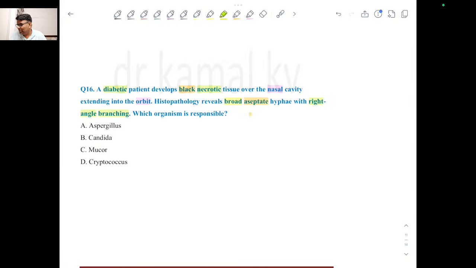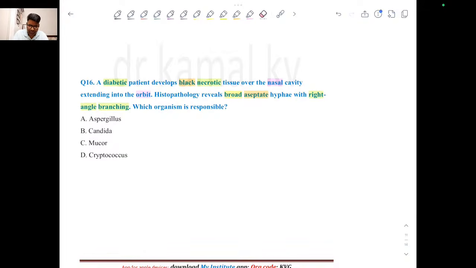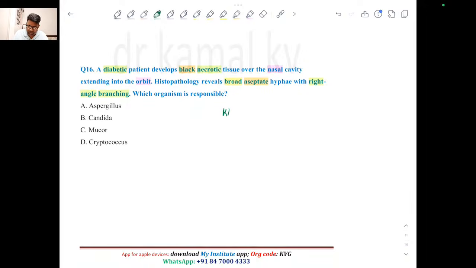Saloni, very good. Deepak, very good. So, now in this question, there are actually two parts. So, even if you are good with one part, you can reach up to the answer. So, the patient is a known case of diabetes mellitus, now having a black necrotic tissue involving the nasal cavity and then extending on to the orbit.